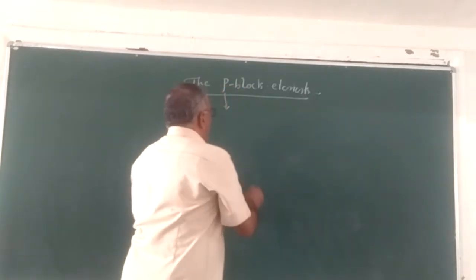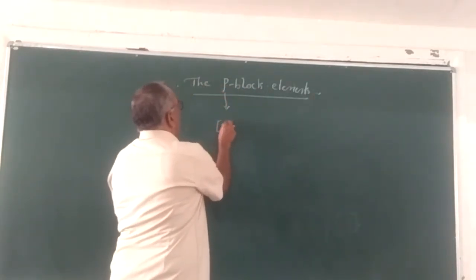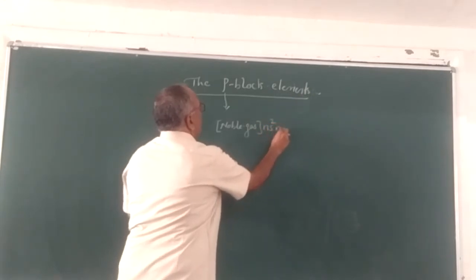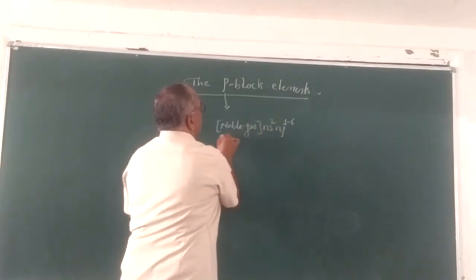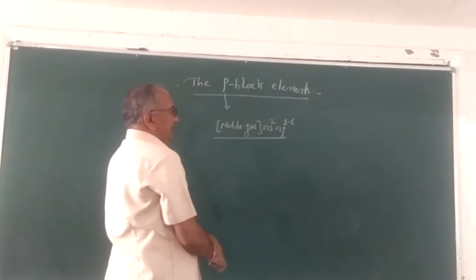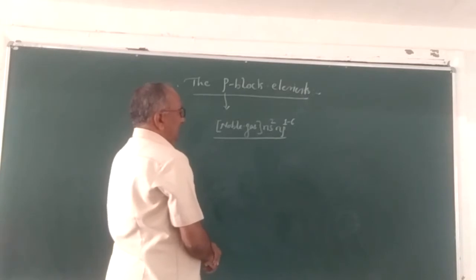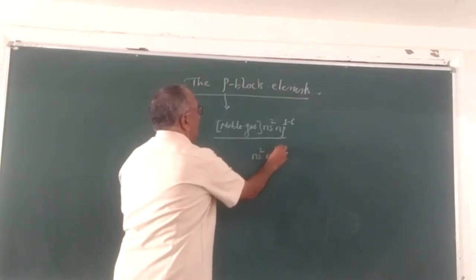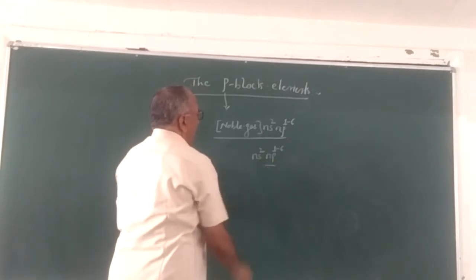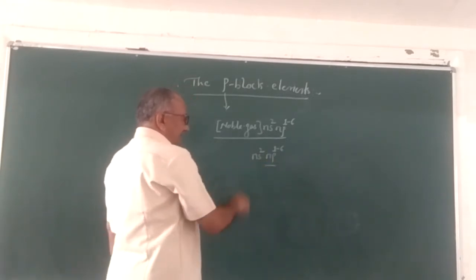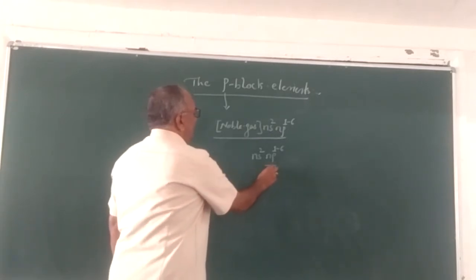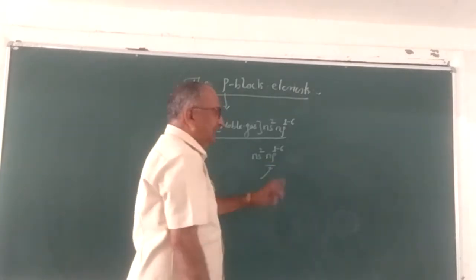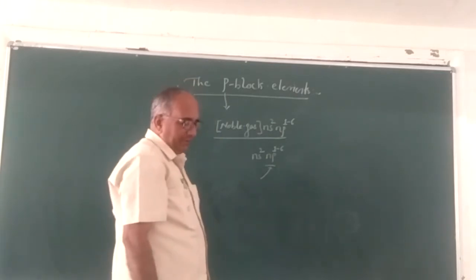The general electronic configuration of the P block elements is noble gas ns2 np1 to 6, and the outer valence shell electronic configuration of a P block element is ns2 np1 to 6.